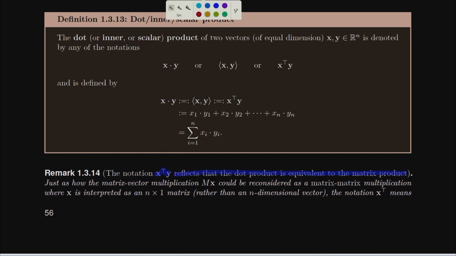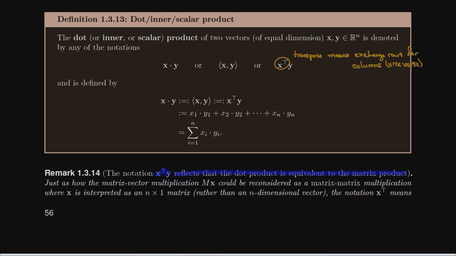Now, this specific notation, x transpose y, reflects that the dot product is equivalent to the matrix product in the sense that, what does transpose mean? Transpose means exchange rows for columns, and vice versa. In the sense that if I have my x1, let's say x2 and x3, and if I write this as transpose y1, y2, y3, that transpose is telling me to exchange every row for a column and every column for a row.